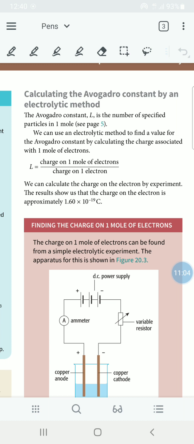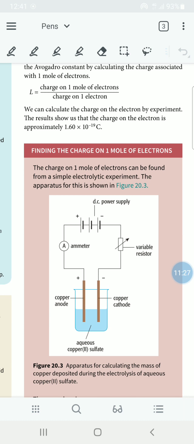An experiment is set up as shown below. And after electrolysis, the below readings are taken.